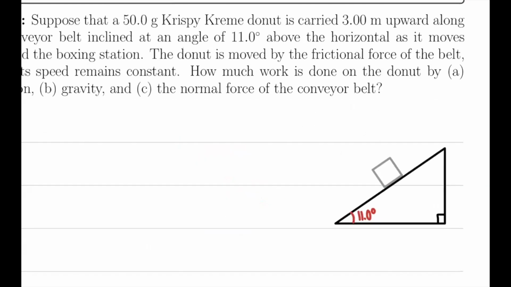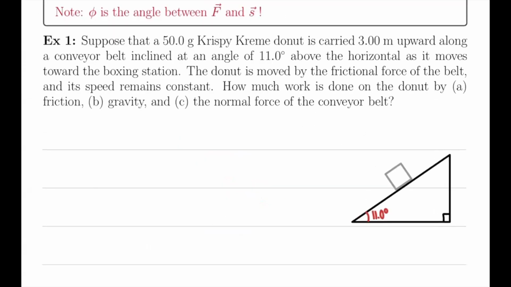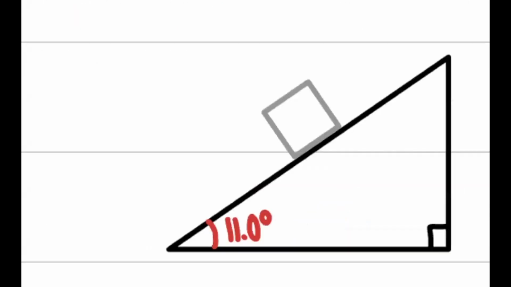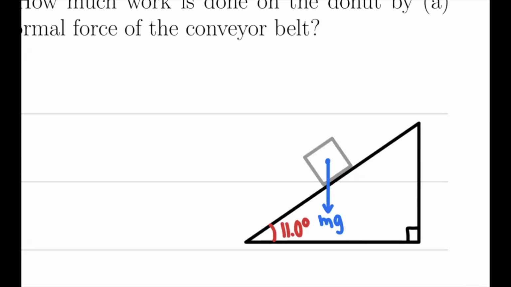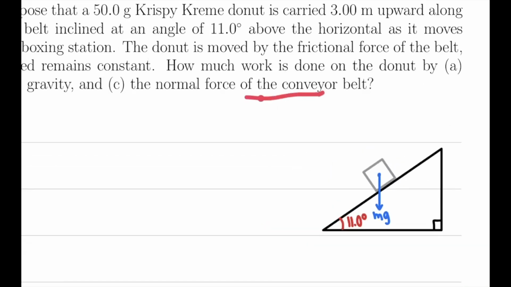And what forces are acting on the donut? It kind of says it in the problem. We have the force of gravity, the gravitational force exerted by the earth on the donut, so that's mg. Yeah, we have the weight. We also have the normal force.